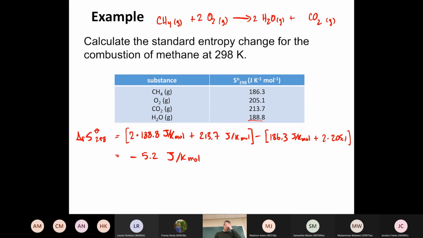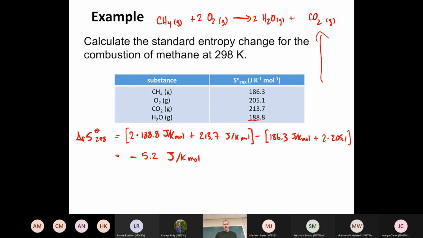All right, now looking at this, does this value make sense? First of all, looking at the balanced equation up here, how do you predict if delta S for that reaction is going to be positive, negative, or close to zero? What you'd want to do is look at the change in the moles of gas.